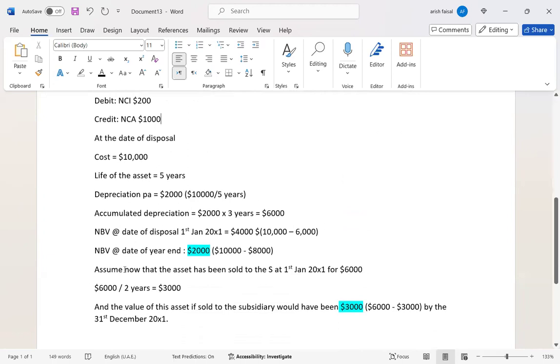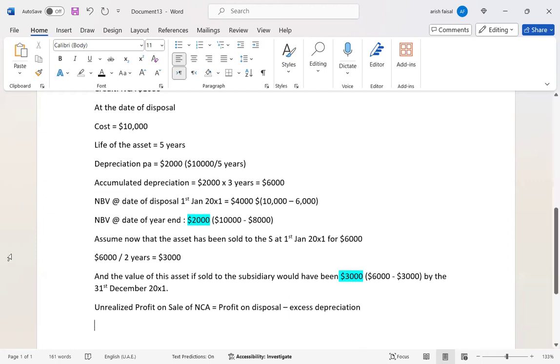But I do have a very short formula for you guys, which is, if you want to calculate the unrealized profit on the sale of non-current asset, you have to take the profit on disposal, minus the excess depreciation which is being charged.